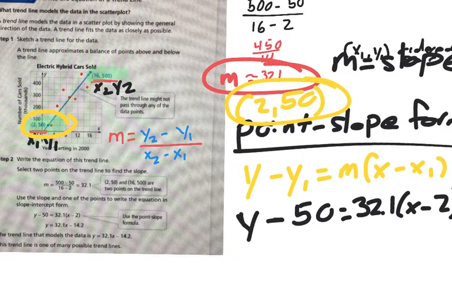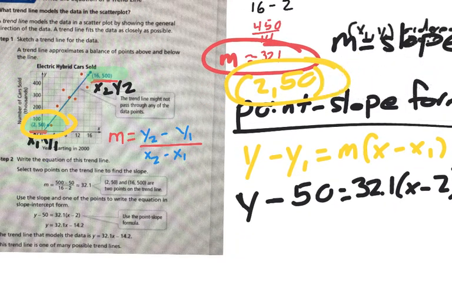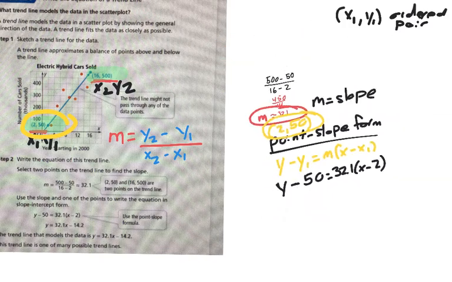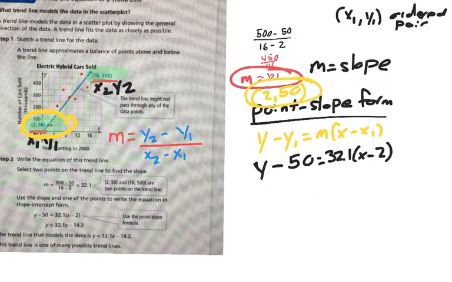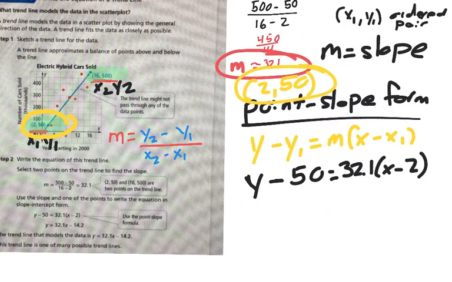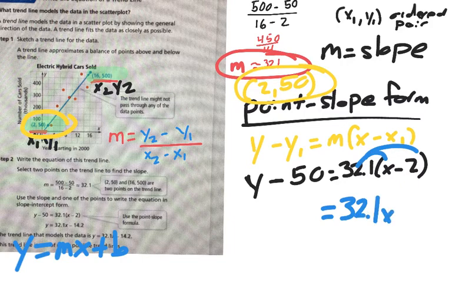Any questions so far? So this is what we call point slope form. Now, we normally like to talk about things in slope intercept form. So the way that we change from point slope to slope intercept is we're going to distribute over here. So this becomes 32.1x minus 64.2.